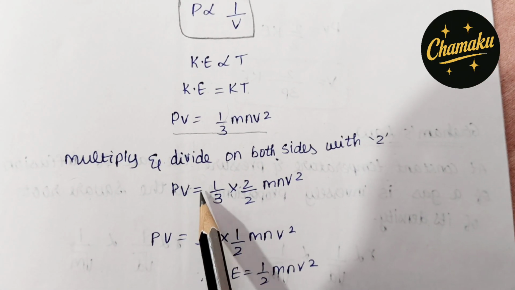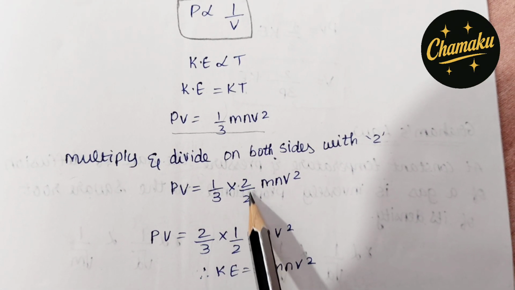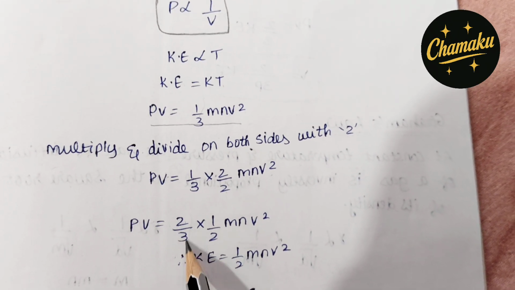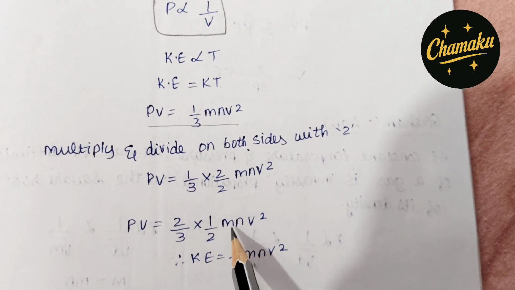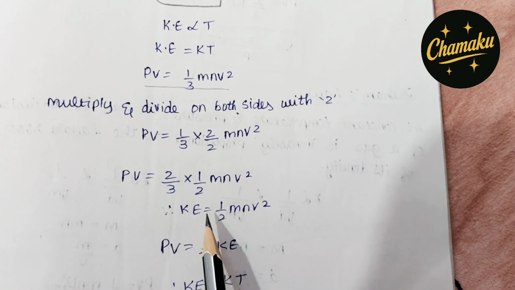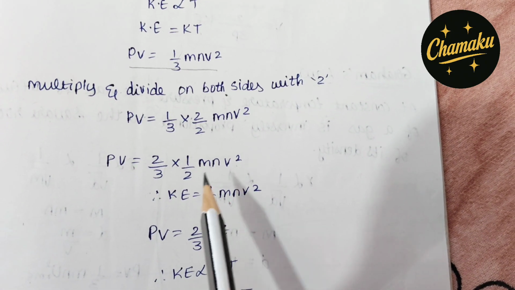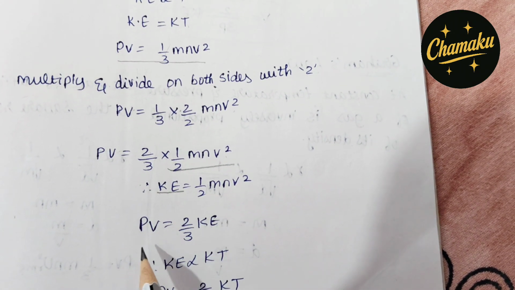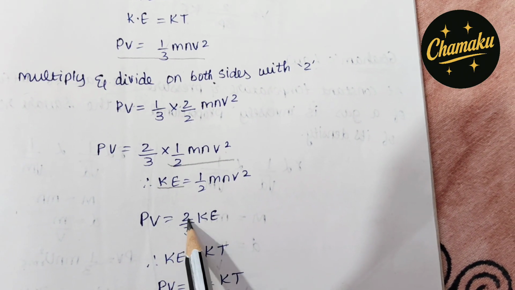So PV is equals to 1 by 3 into 2 by 2 mnV square. So PV is equals to 2 by 3 into half mnV square. So kinetic energy is equals to half mnV square. In the place of half mnV square we are going to substitute Ke. So PV is equals to 2 by 3 Ke.